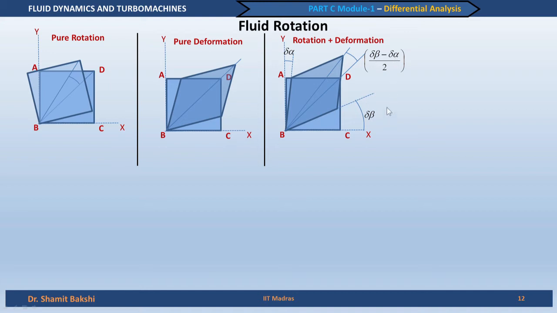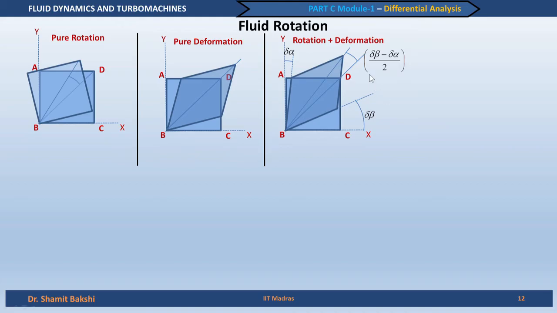If we remember, the deformation was obtained as delta alpha plus delta beta, and the rate of deformation as delta alpha plus delta beta by delta t. In the limit of delta t tending to 0, it takes a value of del u by del y plus del v by del x.